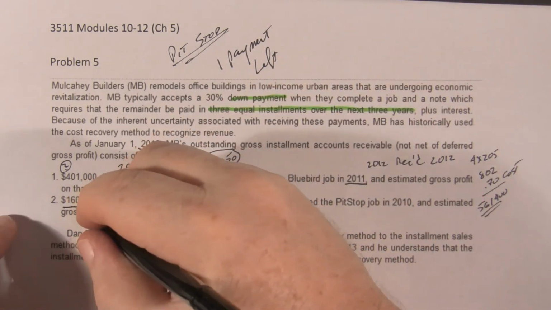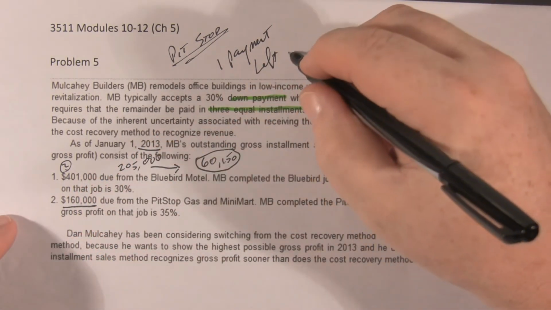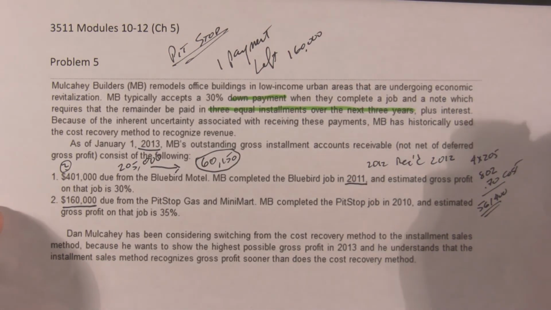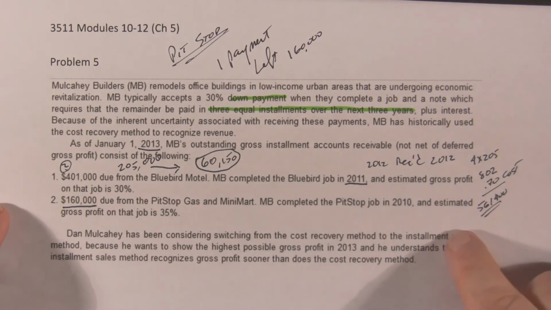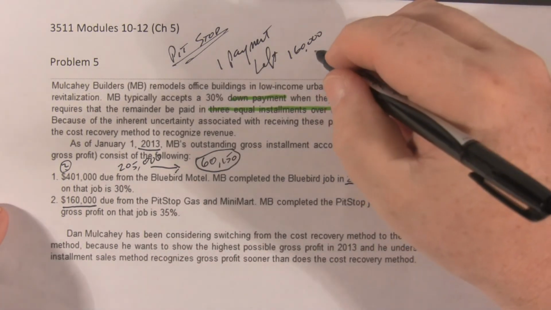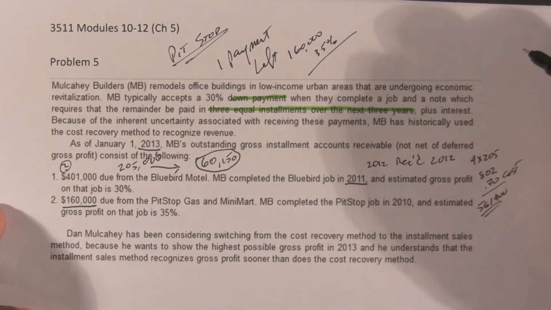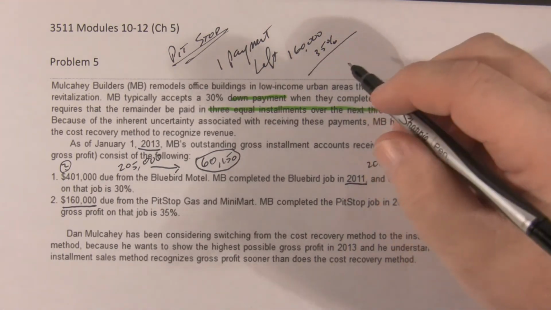And that's $160,000. One payment left of $160,000. And they tell us the profit margin on that is 35%. That's the profit. So $160,000, 35% of that is $56,000.